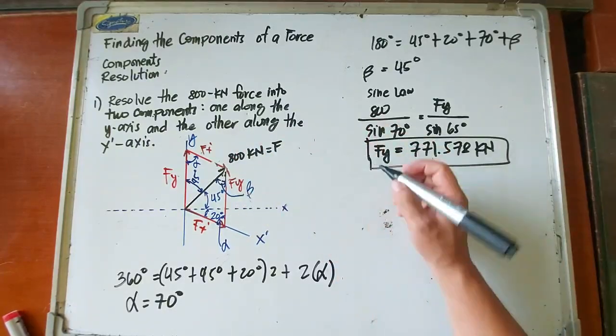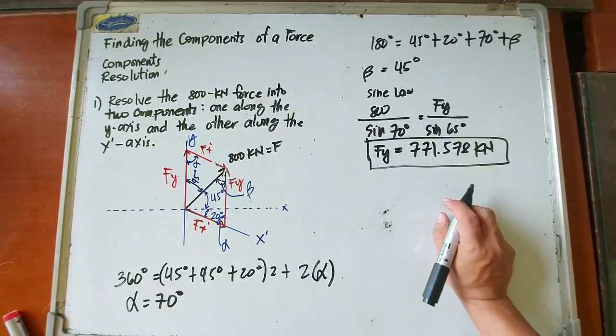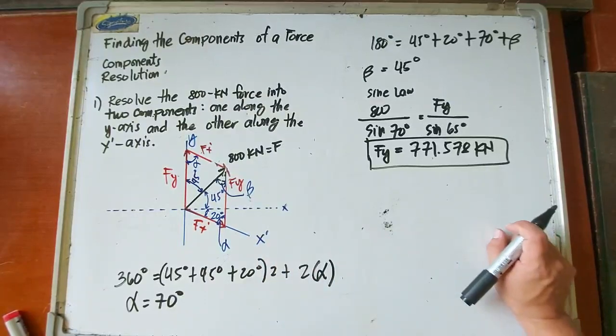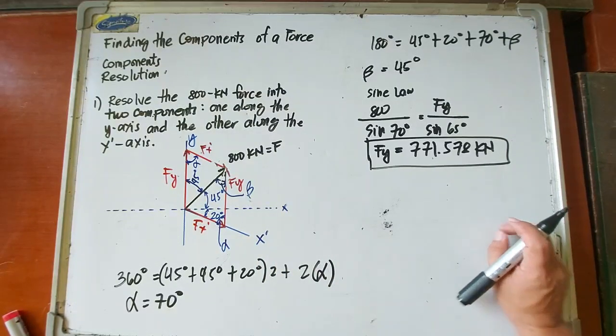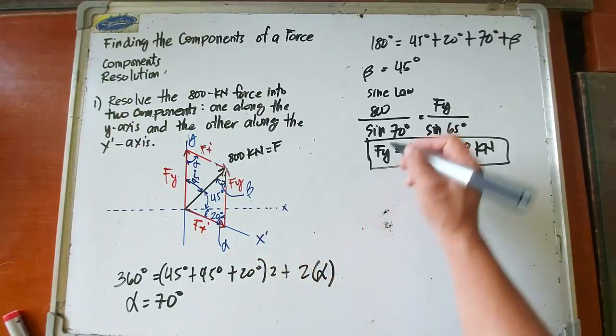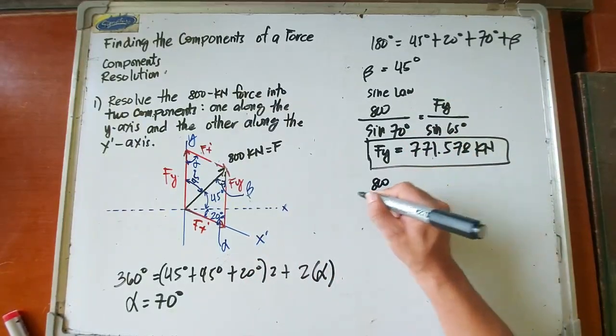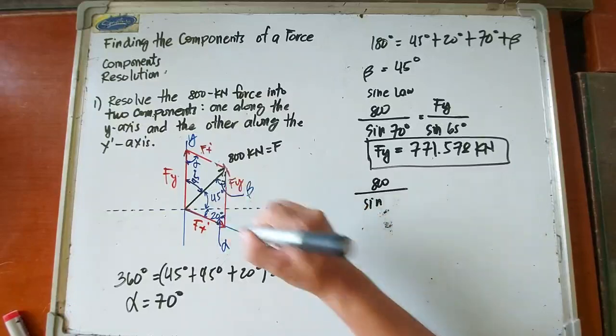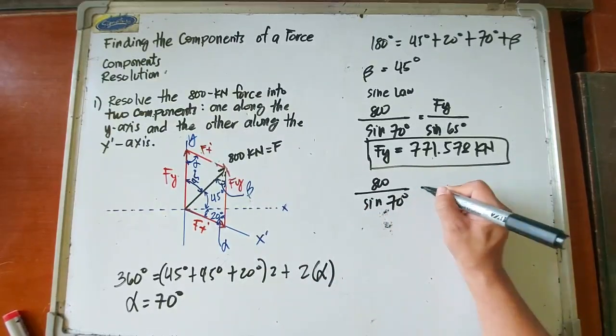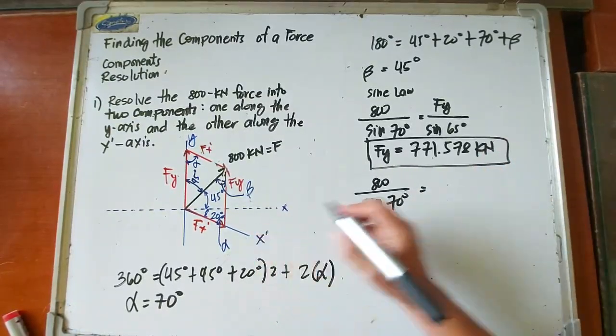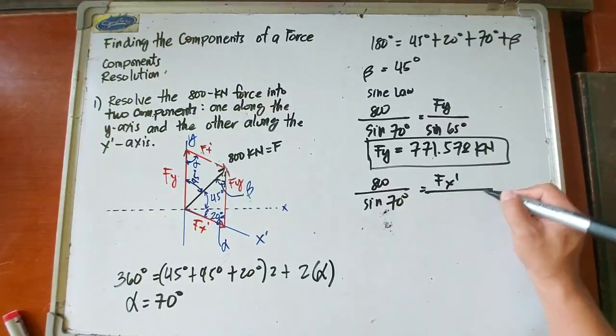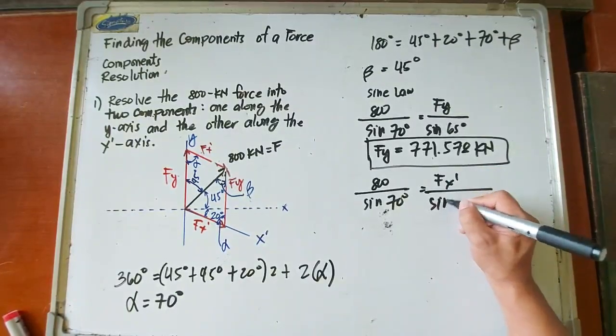Now using same sine law, we can solve for the component along Fx prime. So that is equal to 800 over sine of the opposite angle, that is 70 degrees, is equal to Fx prime over sine of the opposite angle.